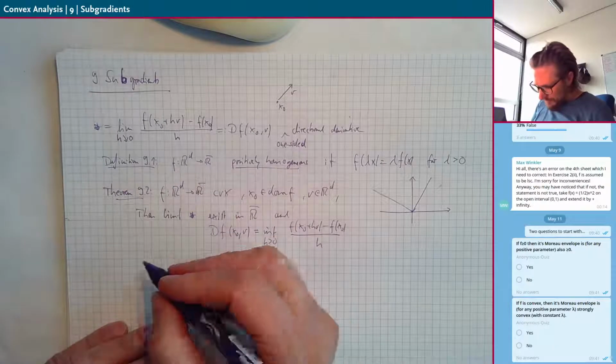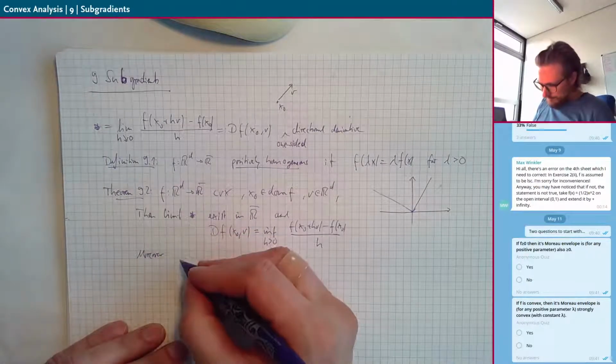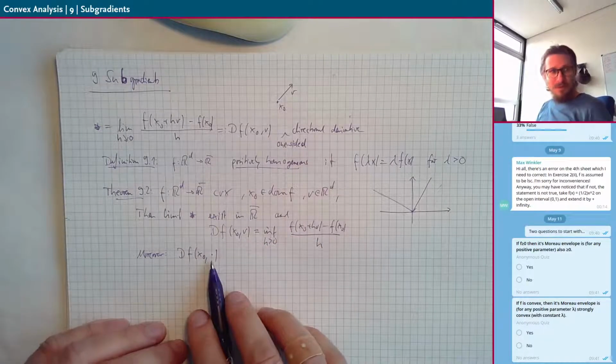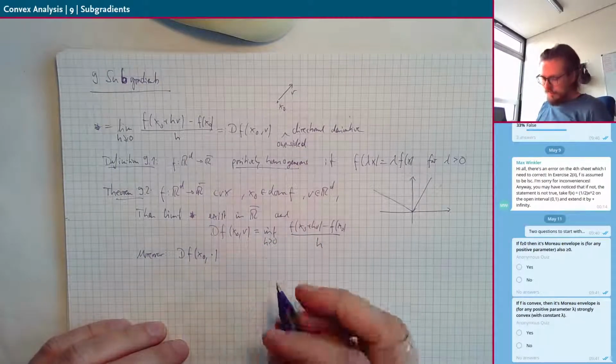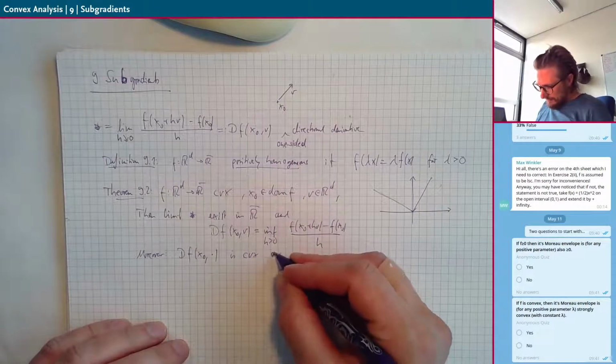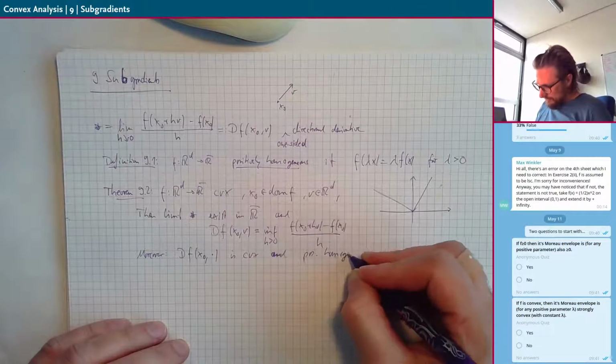So that's one thing. Moreover, we have that the directional derivative, if we view the direction as a variable, is convex and positively homogeneous.